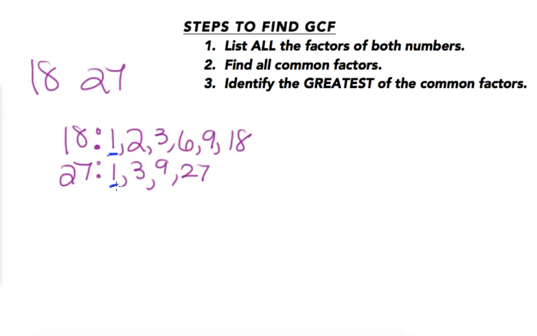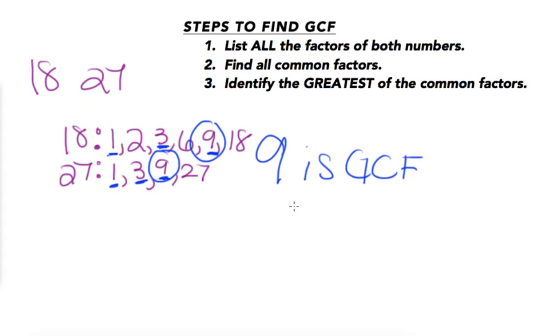They've got 1 in common, they've got 3 in common, and they've got 9 in common. Looks like nothing else. So out of 1, 3, and 9, 9 is the greatest. So 9 is the GCF, or greatest common factor, of 18 and 27.